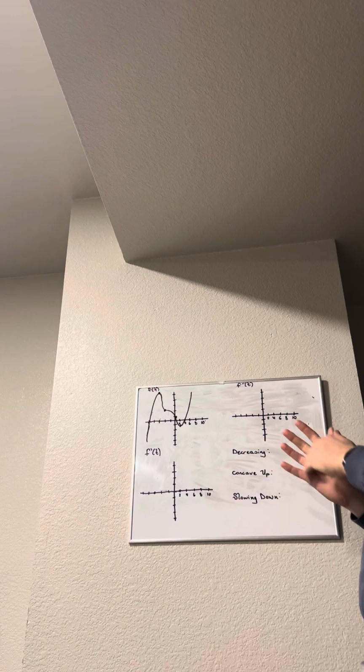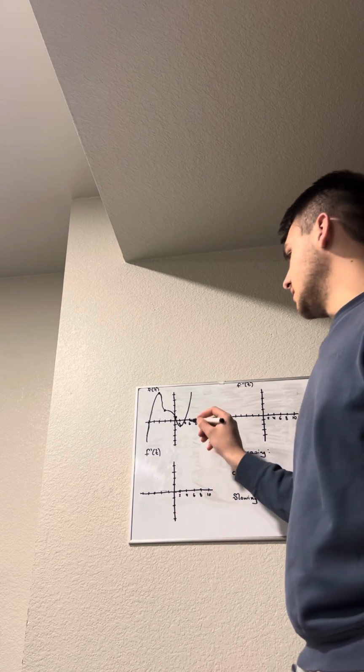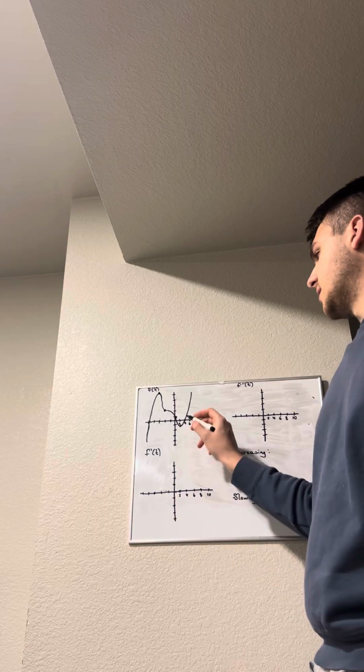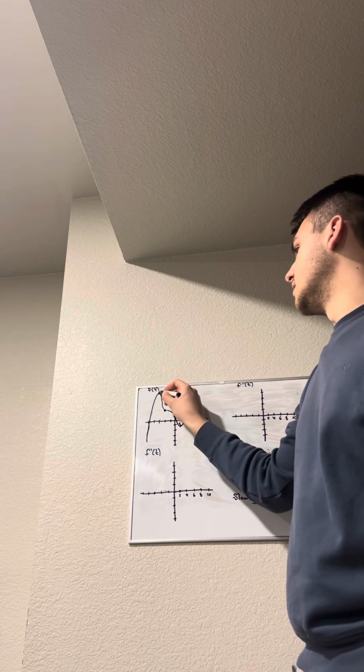Looking at f of t right here, we're trying to graph the first derivative of f of t. When graphing the derivative, we want to look first at the x-intercepts, which will occur on the f prime of t at the points where the peaks occur.